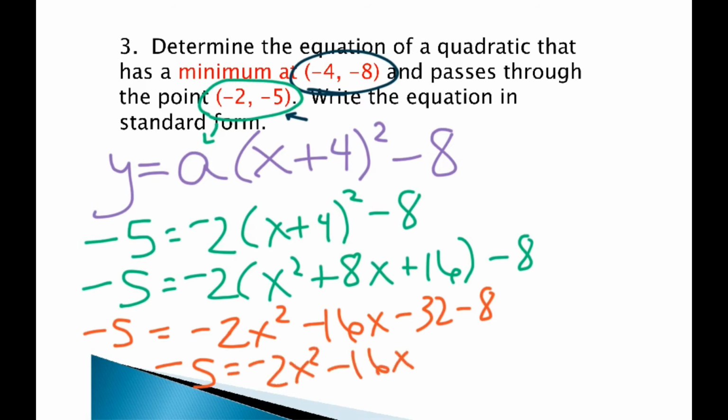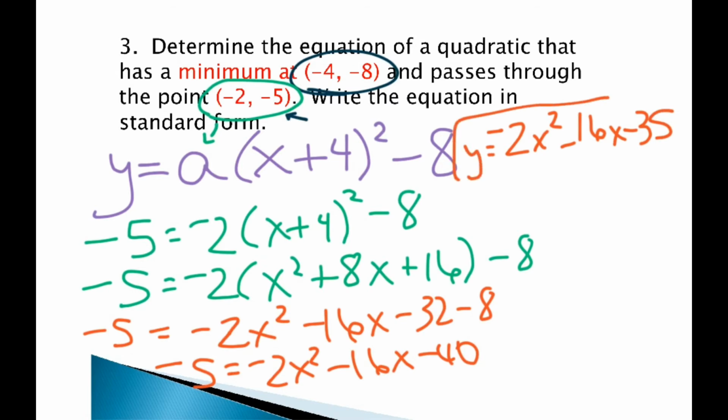So negative 5 is equal to negative 2x squared minus 16x minus 40. I'm going to add 5 to both sides. So I'm running out of room. Negative 2x squared minus 16x minus 35. And that is going to be my equation in standard form. And I can graph it and make sure that it has everything it's supposed to have. If I was going to just check something like this, a graphing calculator would be a good thing to use, but we can use some of the other things that we've learned before to check it also.